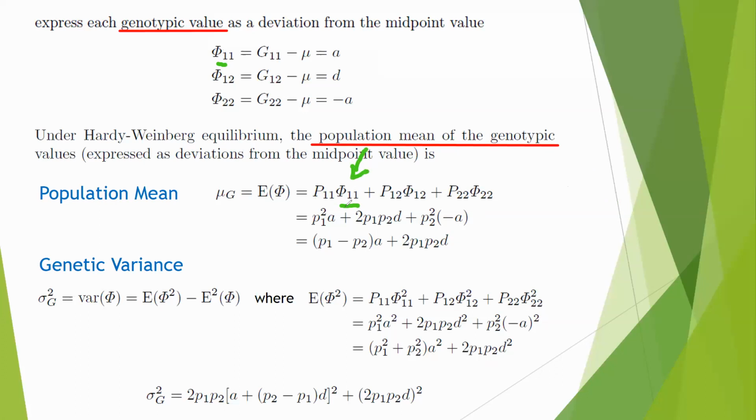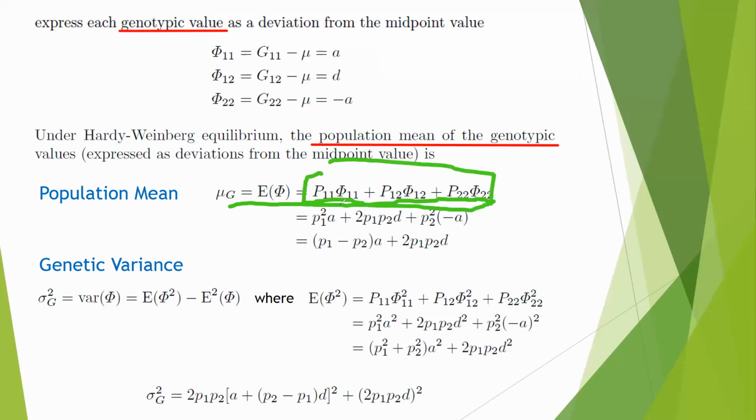If we want to calculate the average or expectation of this phi, we need to make the summation of all these possible outcomes, multiplied by its associated probability. Is that clear? And in the final exam, probably I will ask you to tell me how to calculate this expected genotypic value for a population. So you need to know this formula.